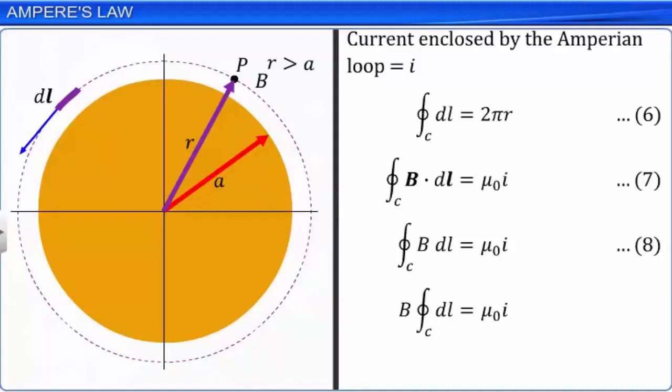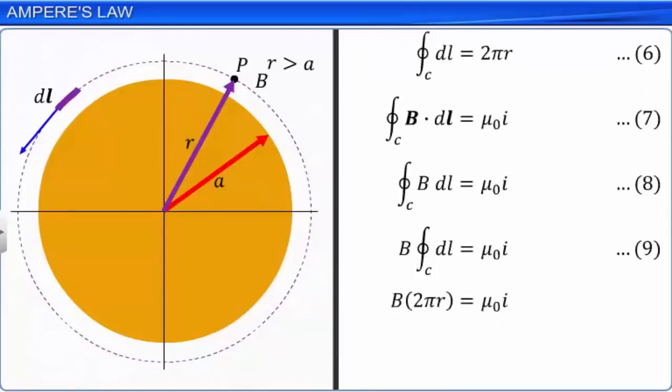Substituting equation 6 in equation 9, we arrive at the relation B into 2 pi R is equal to mu naught I. On rearranging the terms, we get the magnetic induction at the point P due to the current carrying wire, B, is equal to mu naught I by 2 pi r. Let this be equation 10.